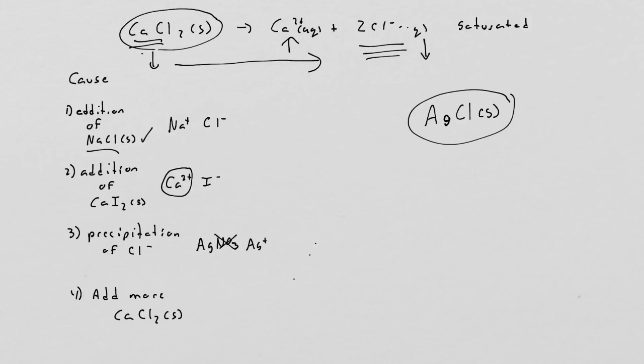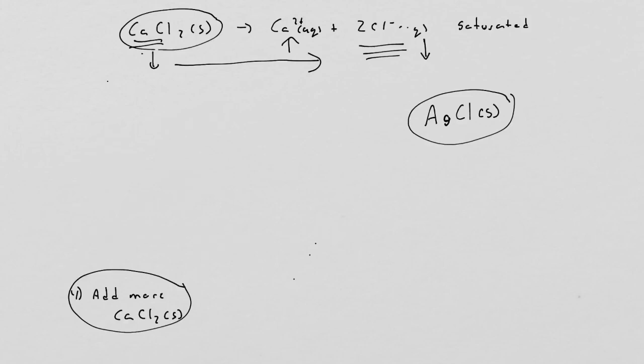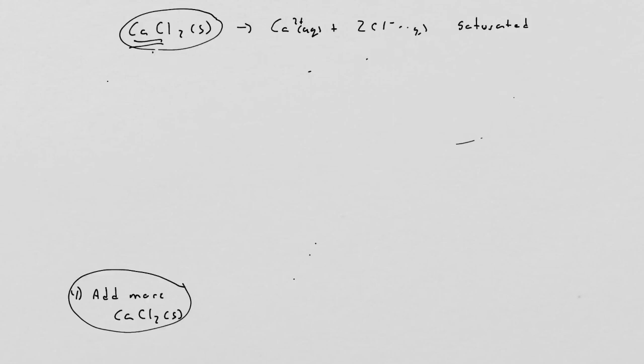Now, the other thing I should mention here is if you add more CaCl2. Assuming that none of these other things have happened here and we have the original saturated solution, so forget all this other stuff, right? If we just have our little saturated solution of calcium chloride that we started with, and you add more calcium chloride, is it going to dissolve?